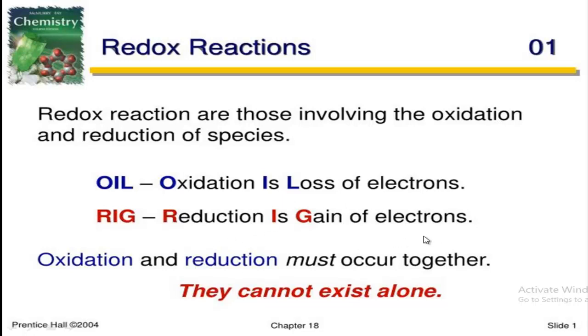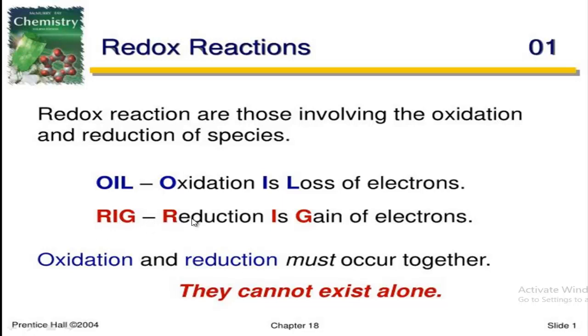Sometimes we will be confused, especially at exam time. Is oxidation gain of electrons or loss of electrons? For this, you can remember two terms, OIL and RIG, where OIL means oxidation is loss of electrons and RIG means reduction is gain of electrons.